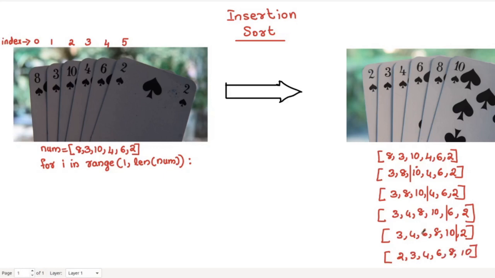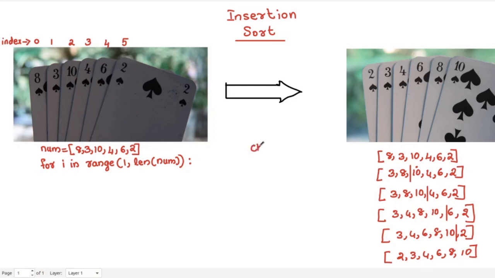So while comparing, two things are important. First, we compare the current element with the previous element, and if the current one is smaller, we need to swap it. Sometimes we need to compare up to the last element, as we can see in the case of 2.